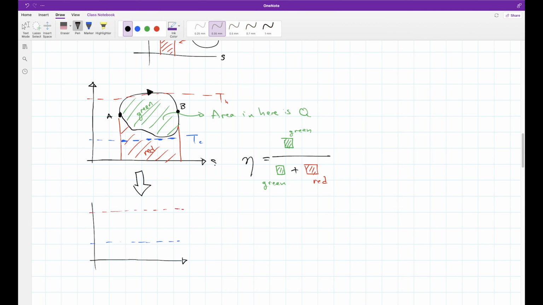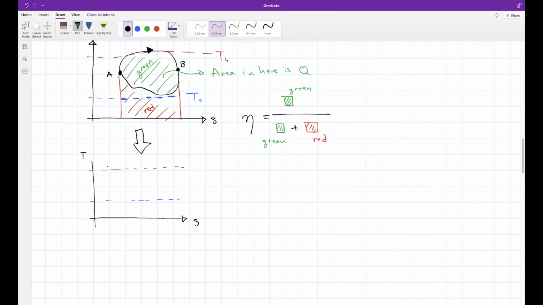Also got to label my axes. Don't want anyone yelling at me. Okay, so we should definitely fill in everything down here.